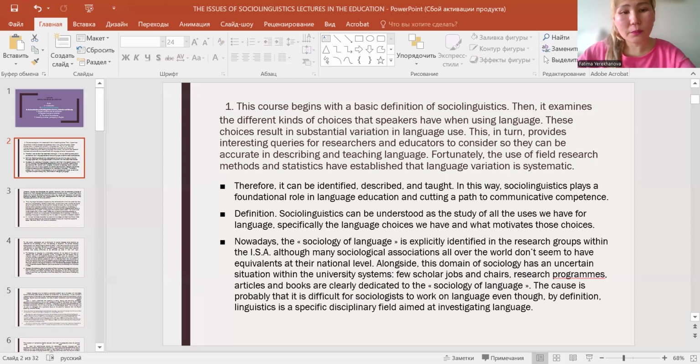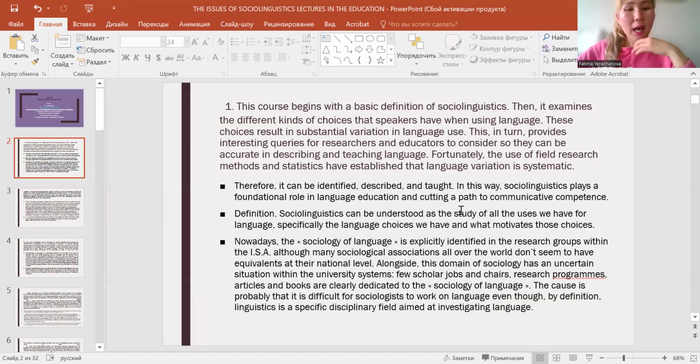Fortunately, the use of field research, methods and statistics have established that language variation is systematic. What else can we highlight here? We can highlight also some clarification.